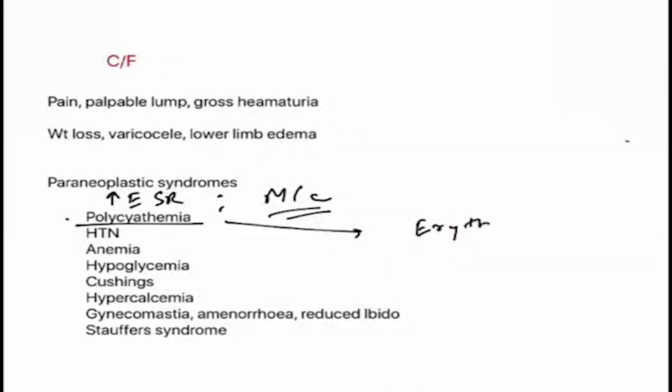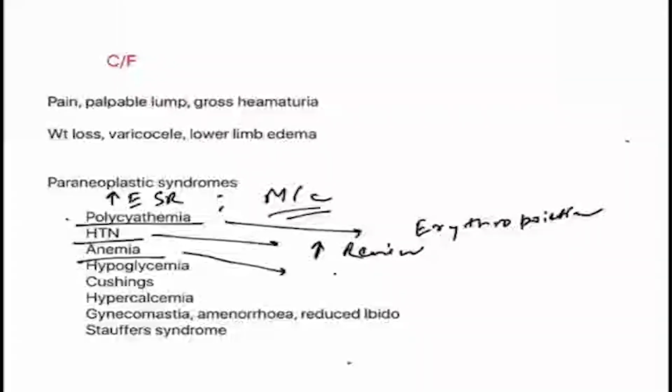Then polycythemia, because of ectopic secretion of erythropoietin hormone. Then hypertension, because of increased renin secretion. Then anemia, which is because of hematuria and chronic disease.